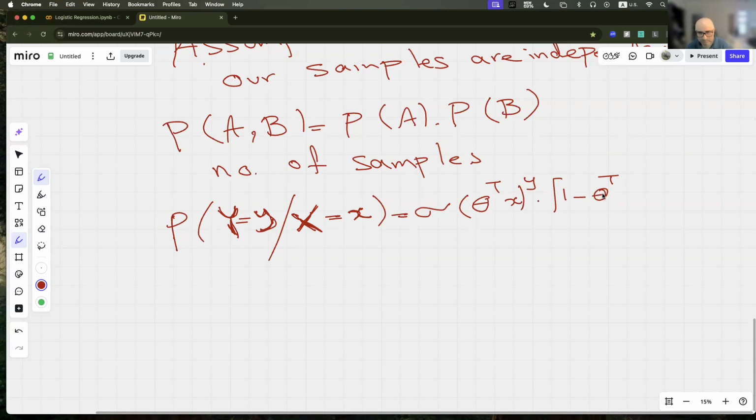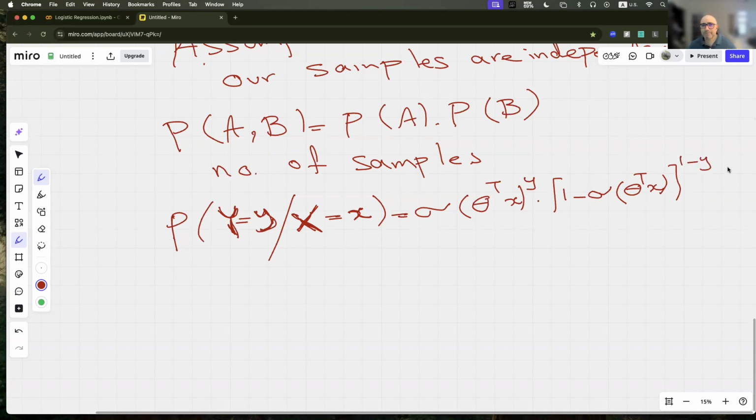Theta, sigmoid, theta, Y. So this is theta X, and this is 1 minus.